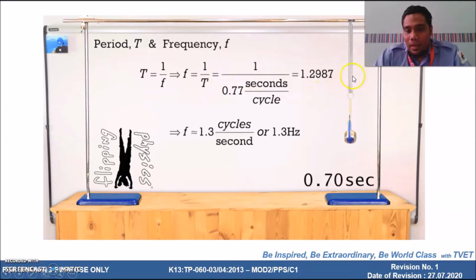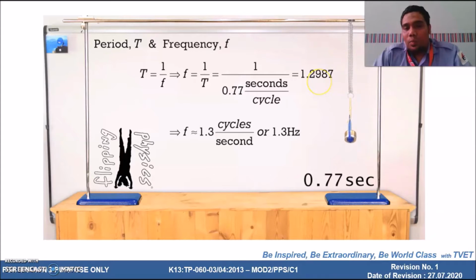So from this animation we can see that the spring mass system take 0.77 second per cycle. Turun daripada asal, turun naik atas 0.77 second. So 1 over 0.77 we get 1.2987 Hz.